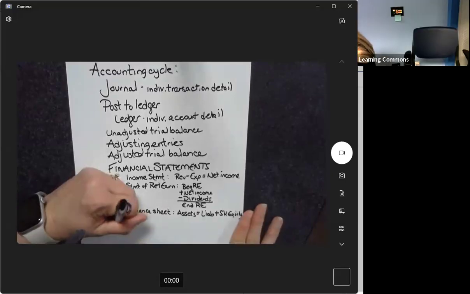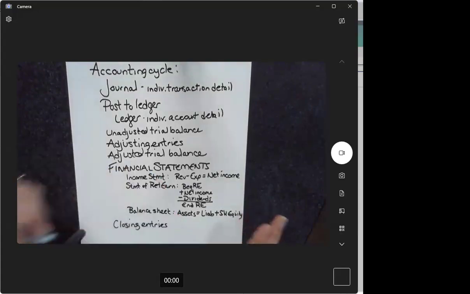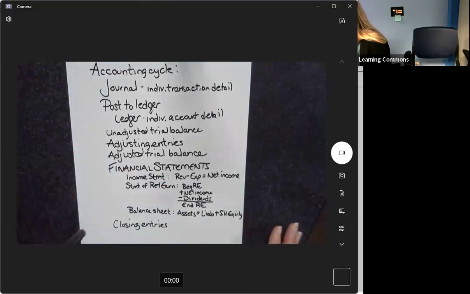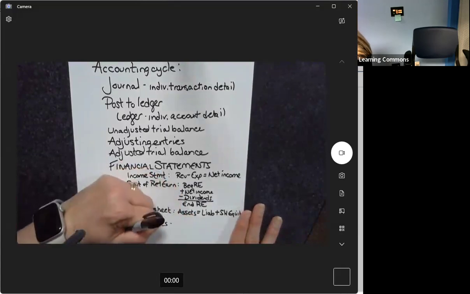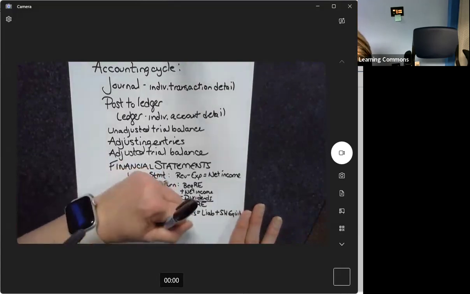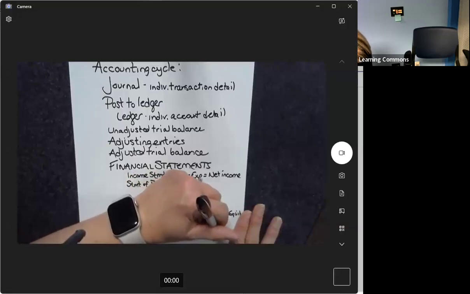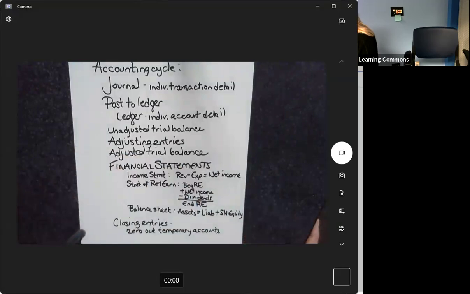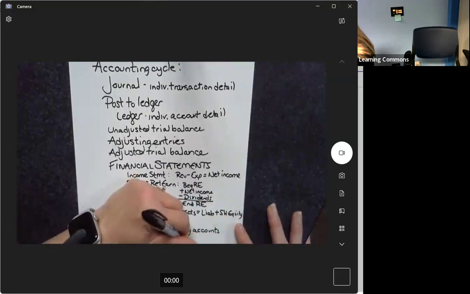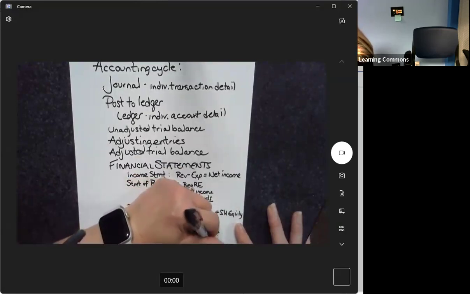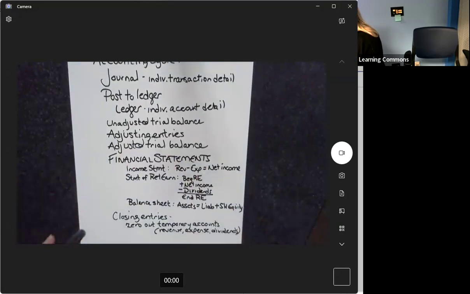After financial statements, we got to close. Remember, after the financial statements are done, closing entries are done, where we're going to zero out our temporary accounts. Our temporary accounts being revenue, expense, and dividends.